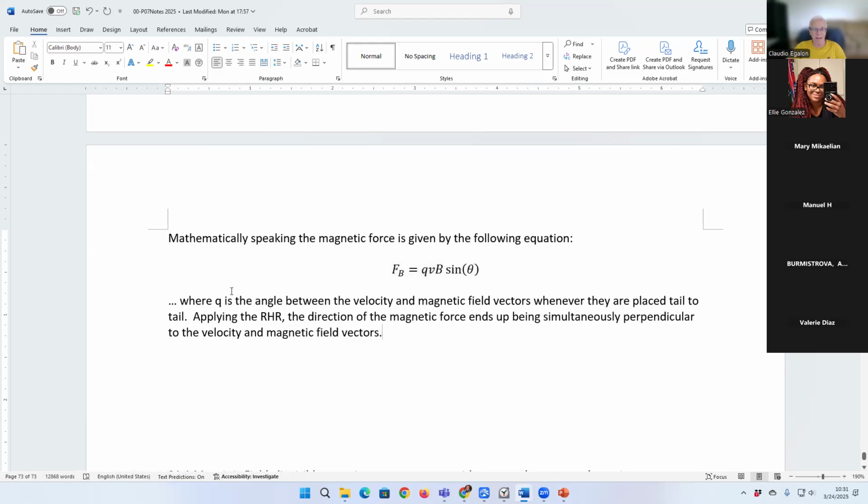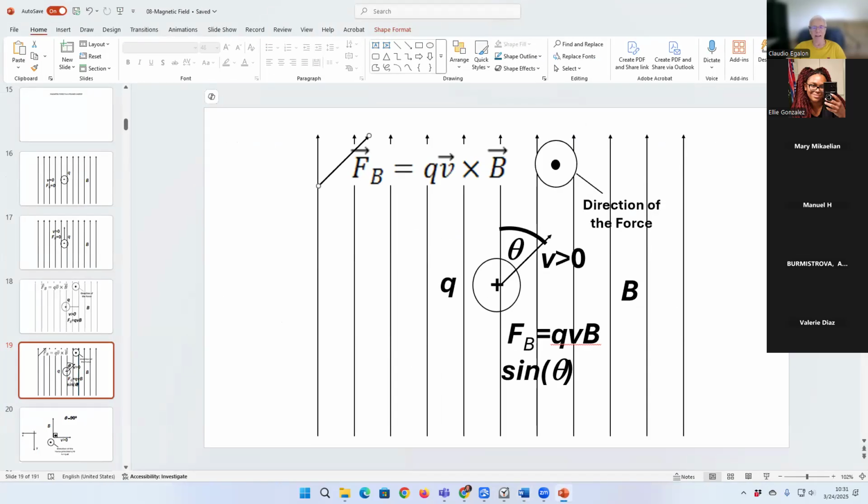This equation applies to every possible configuration, every possible value of the velocity, magnetic field, and angles. Okay, and don't forget, if the charge ends up being negative, you have to invert the direction of the force, right? Here we are doing it for Q greater than 0.